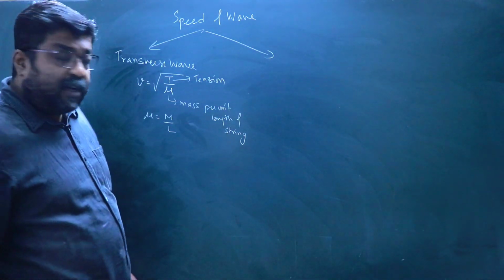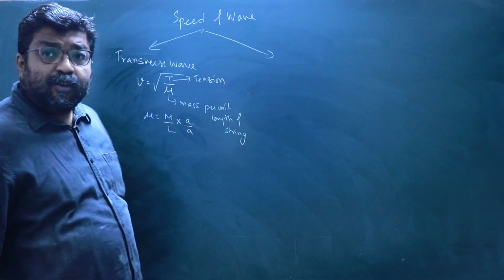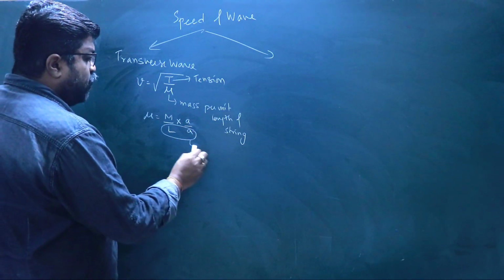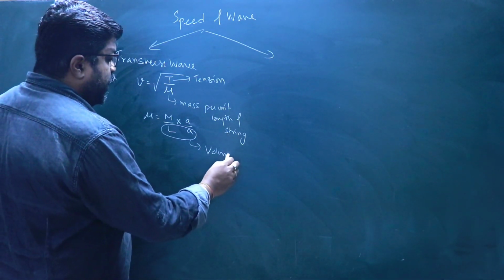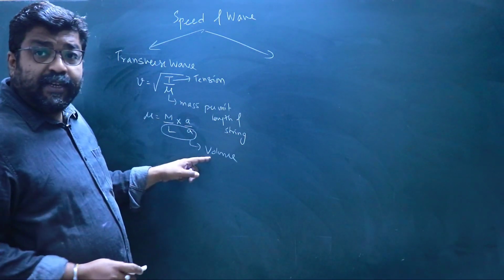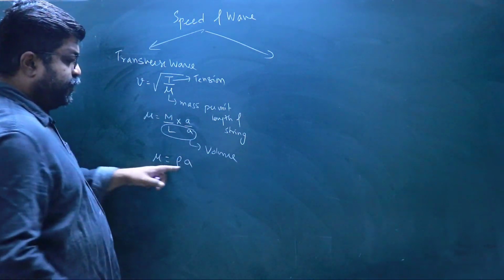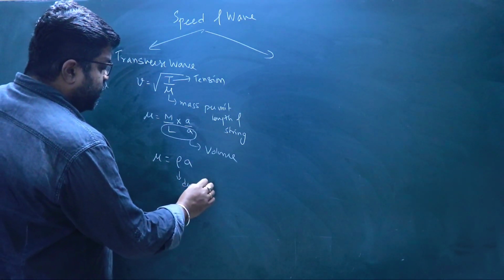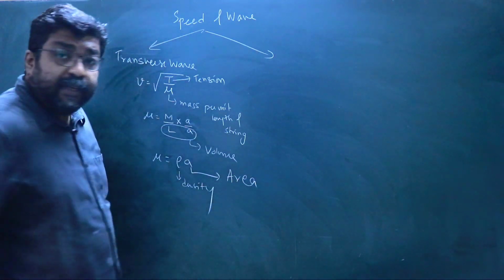If I multiply the numerator and denominator by A, where A is the cross-sectional area, then length into area is volume, correct? And mass by volume is density. So this mu can be written as rho into A, where rho is the density and A is the area.